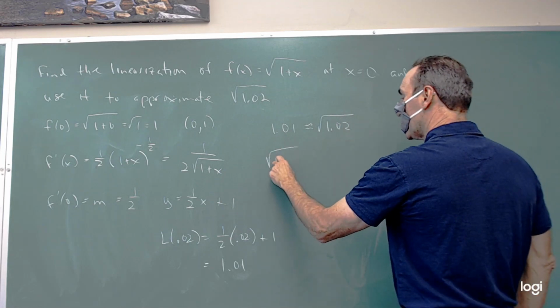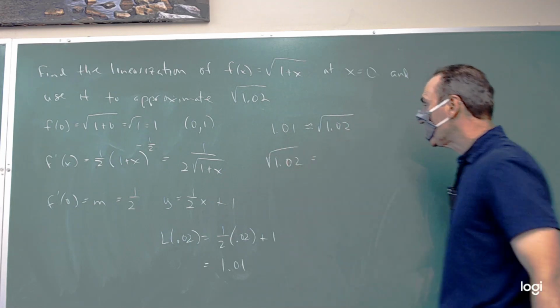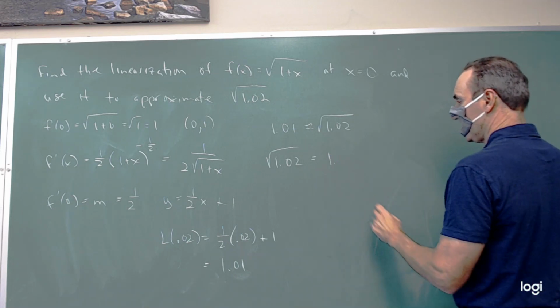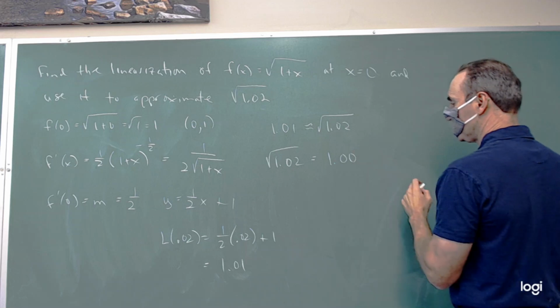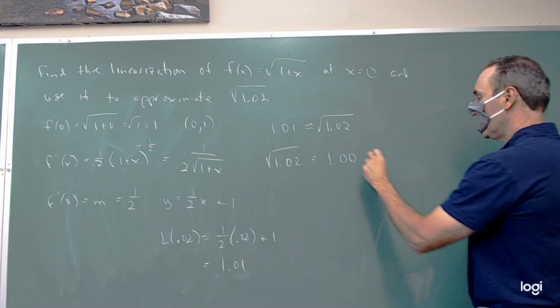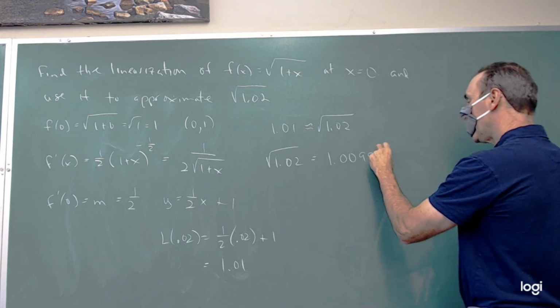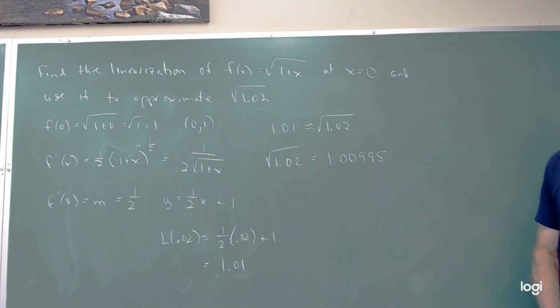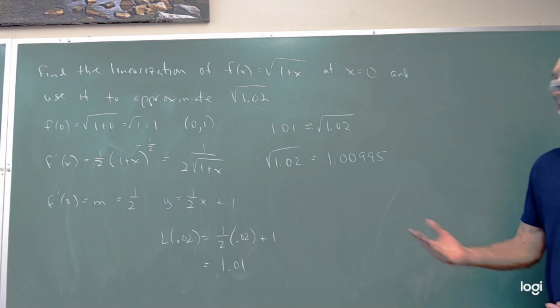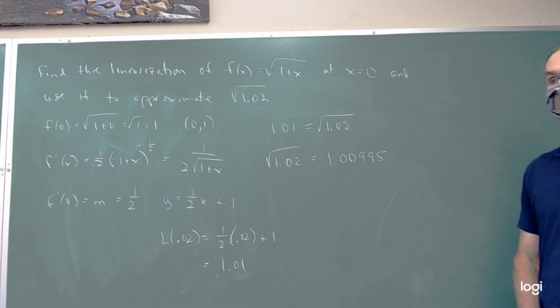On your calculator, when you plug in 1.02, tell me what you get. 1.00995. Not too bad, huh? That kind of cool? Now, granted, we didn't go very far away from the point of tangency, right?